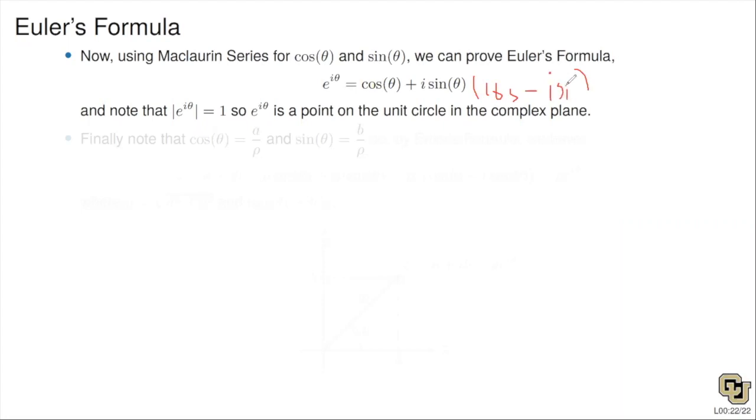So I get cosine squared minus i squared sine squared, but i squared is -1. So I get cosine squared plus sine squared. The modulus is 1. So this term always just lives on a circle. It's always exactly 1 unit away from the origin. For any theta, e to the i theta always lives on a circle of radius 1.